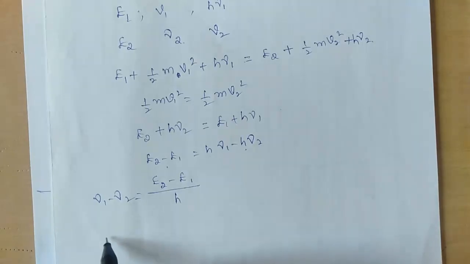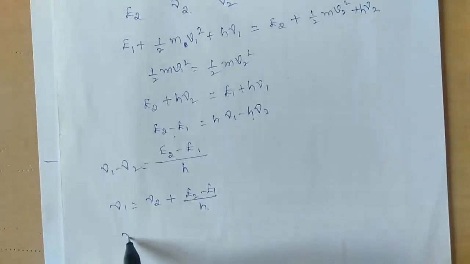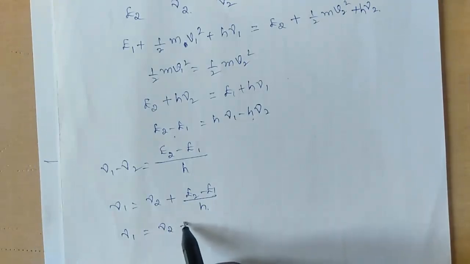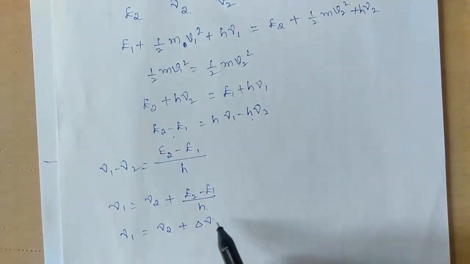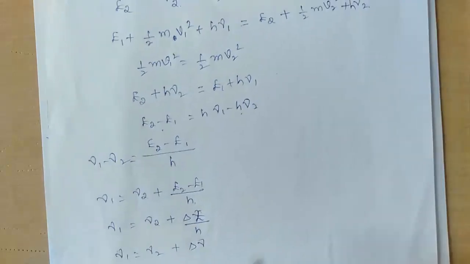Now we can write nu1 is equal to nu2 plus E2 minus E1 divided by h, or nu1 is equal to nu2 plus delta nu, where delta nu is delta E divided by h.